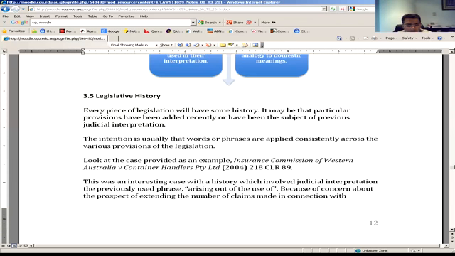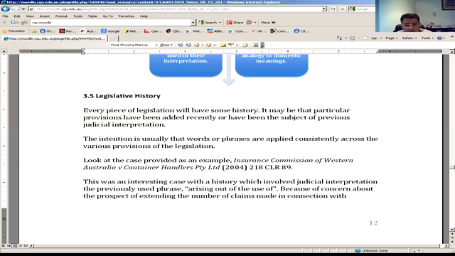Legislative history, this is something we've also mentioned earlier in the semester. That is that sometimes when you're looking at a specific act, you need to track back and see where that legislation originated. And I think I mentioned that I recall in the context of maybe native title legislation, tracking back all the way to legislation that I think from recollection in the 1800s was called something like the Aboriginal and Opium Act or something like that, which was the original legislation in that specific field relevant to the circumstances.